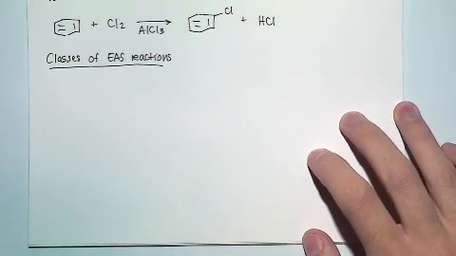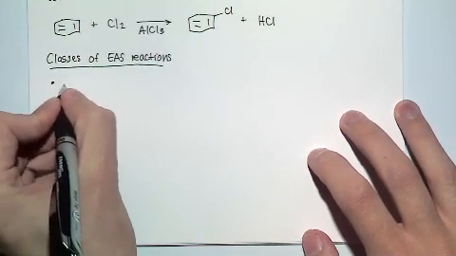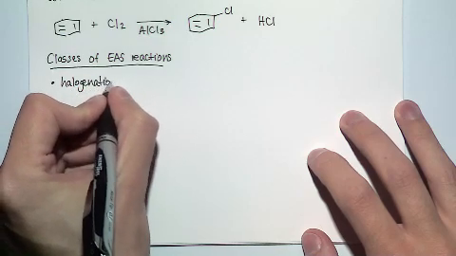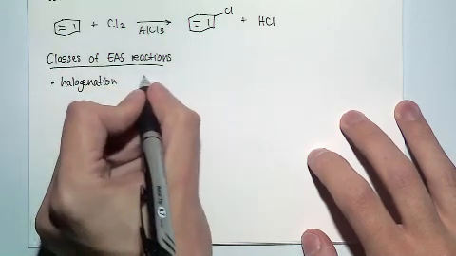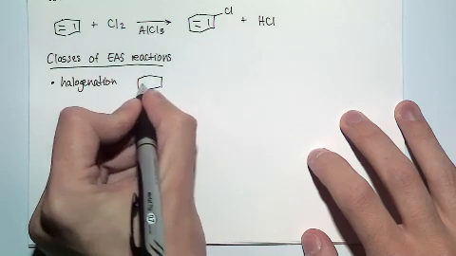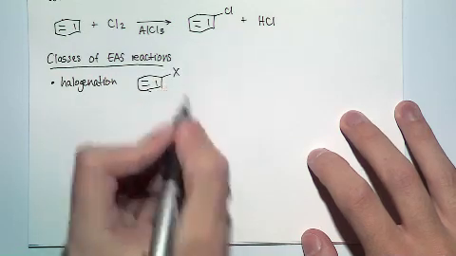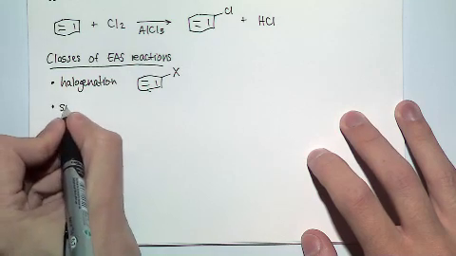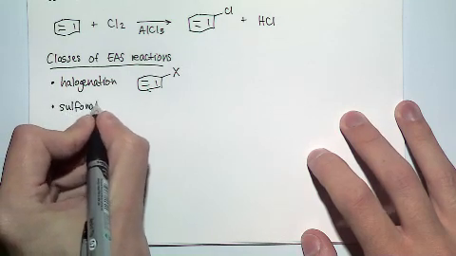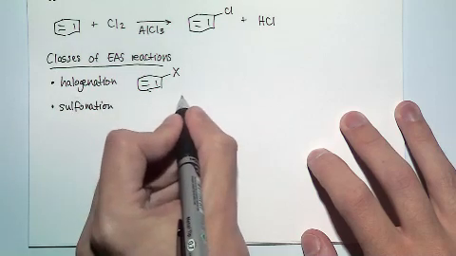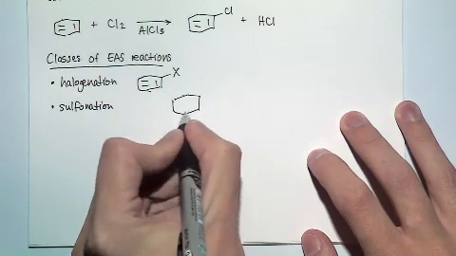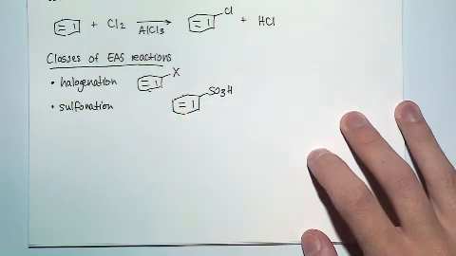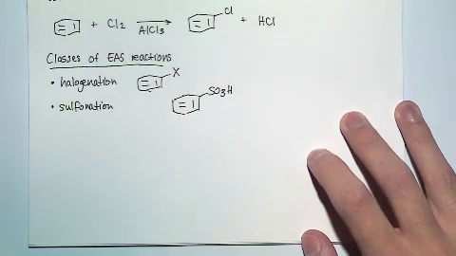Okay, so classes of EAS reactions: we just talked about halogenation, which gives us that. We can do sulfonation to install an SO3H group.